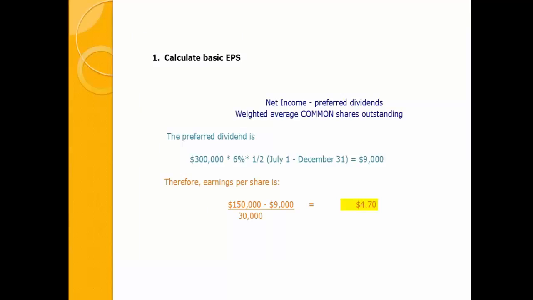Net income minus the preferred stock dividends. In this case, the 300,000 times 6% times a half is $9,000. So the basic earnings per share is $150,000 minus $9,000 divided by the 30,000.